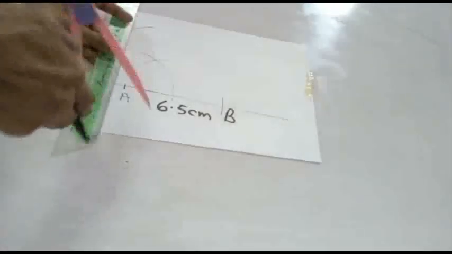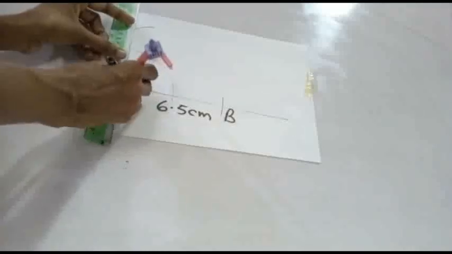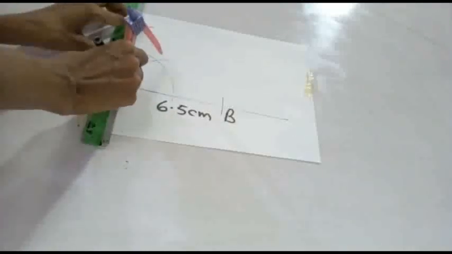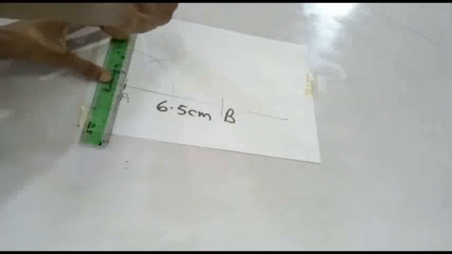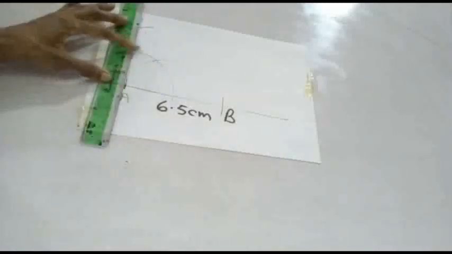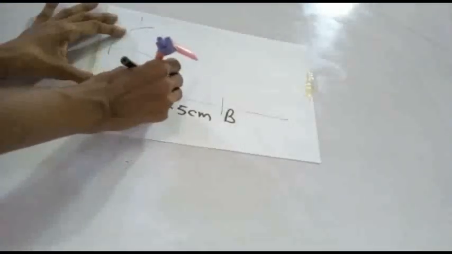Now join this point A and this intersected point with a straight line segment. Now the magnitude of this angle is 90 degrees. One arm is AB.